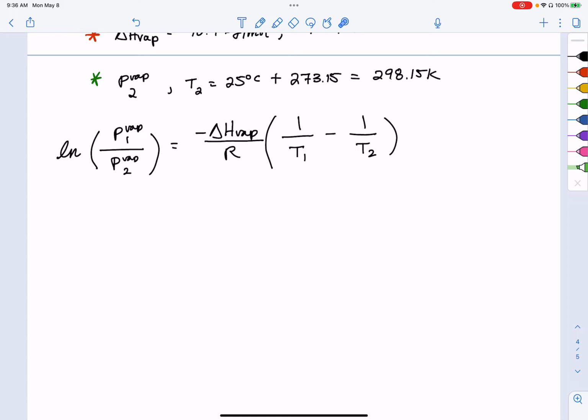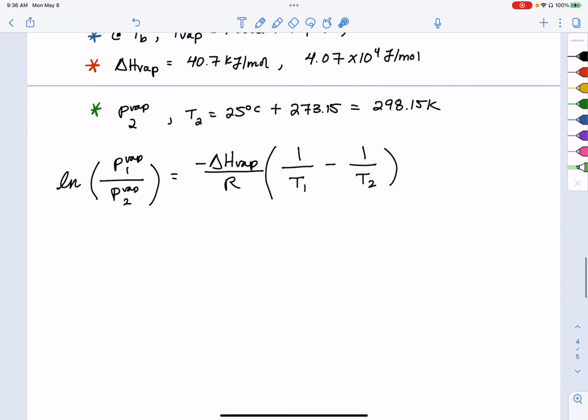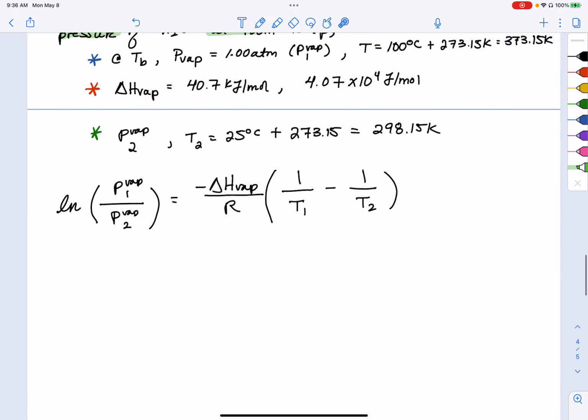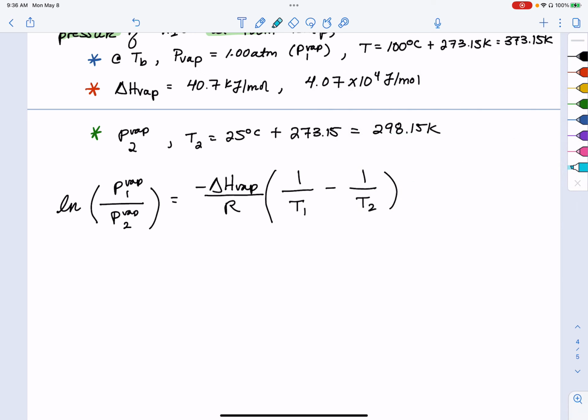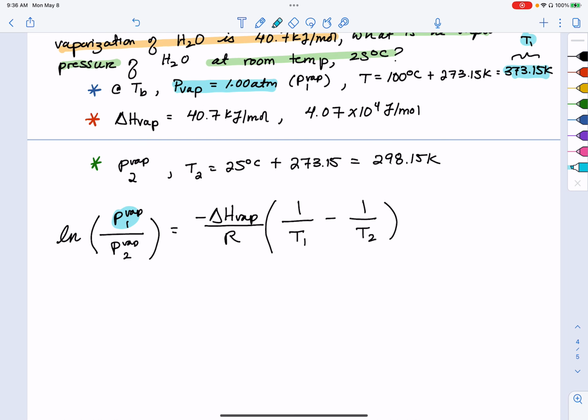All right. So P vap 1, this is our initial vapor pressure. We know this from our boiling point, because by definition, at the boiling point your vapor pressure is 1 atmosphere. So we do know the vapor pressure. And we also know the initial temperature, right? We know T1. Okay.